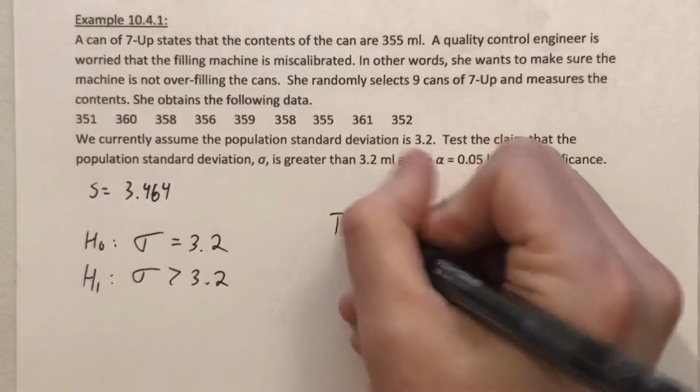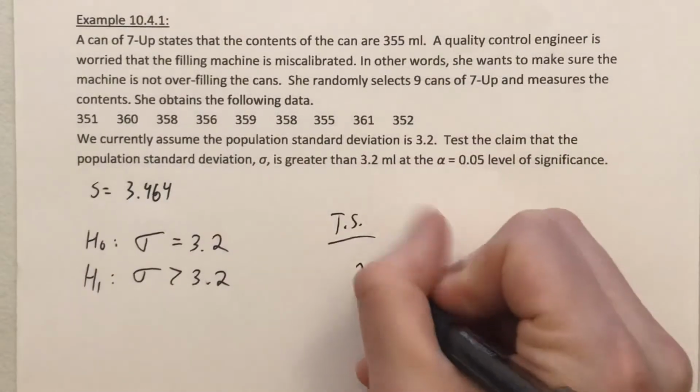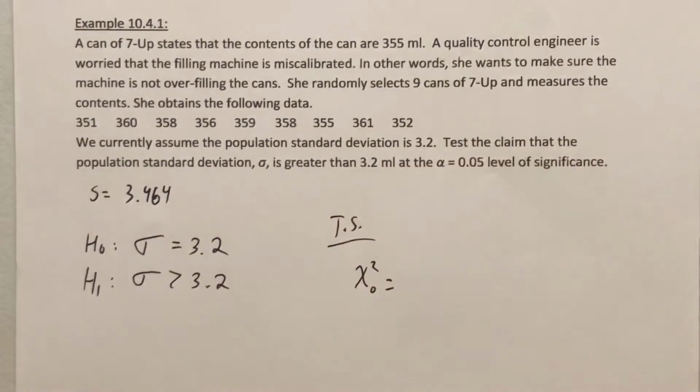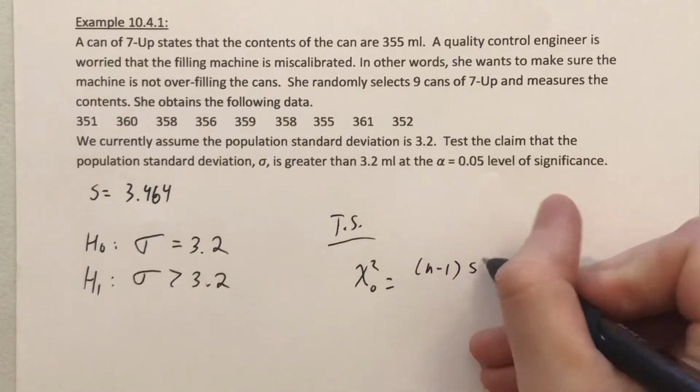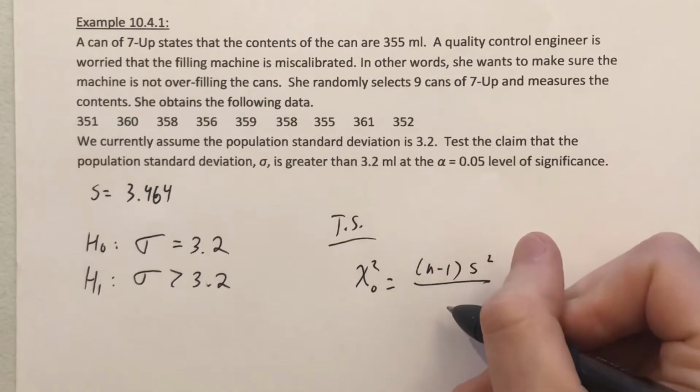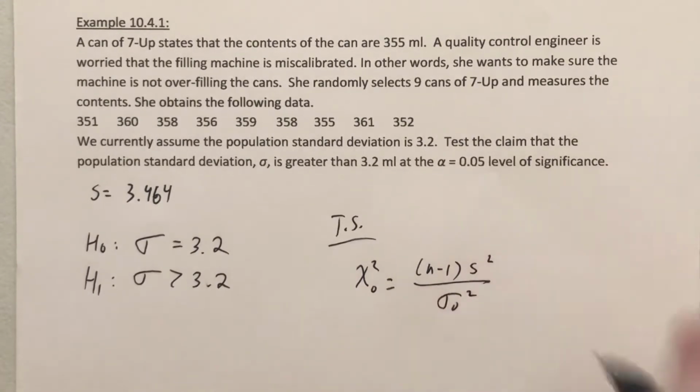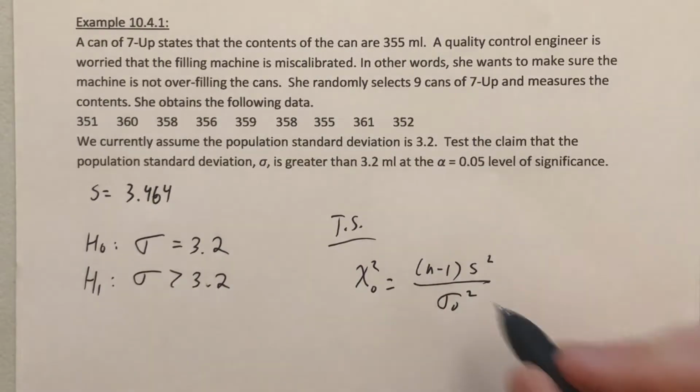For our test statistic, we've got our chi-squared naught test value, and that was n minus 1 times s squared over the sigma naught squared.